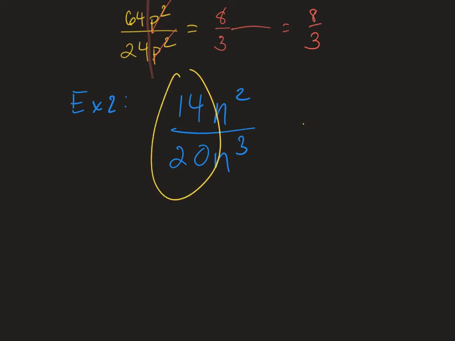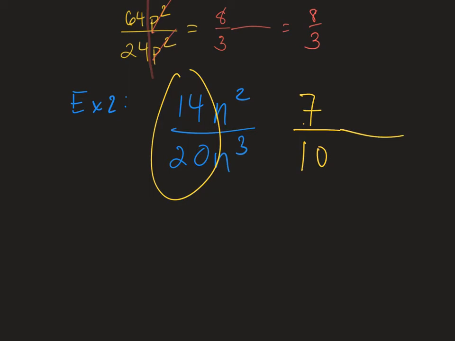Can I find a common factor in both? 2 would go into both of them. 14 divided by 2 is 7, and 20 divided by 2 is 10, and you can't simplify that any further.